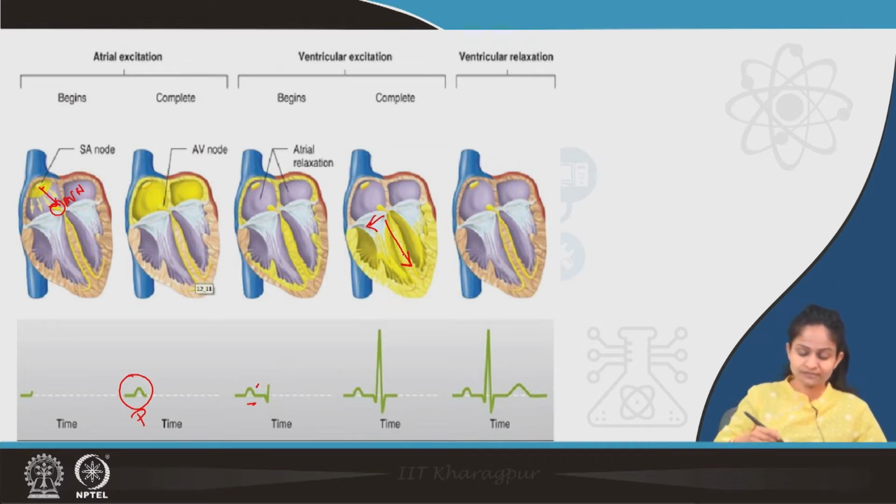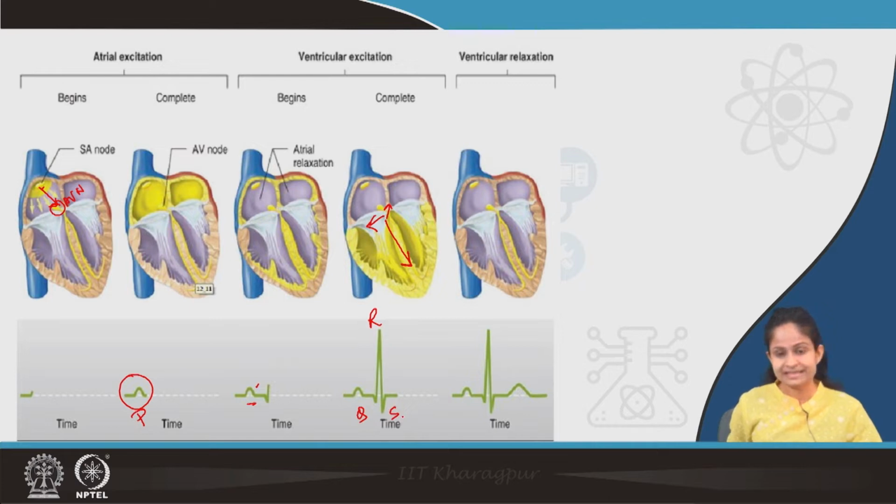Then the last portion of the heart to get depolarized is the basal portion of the heart, and hence we get the QRS complex.